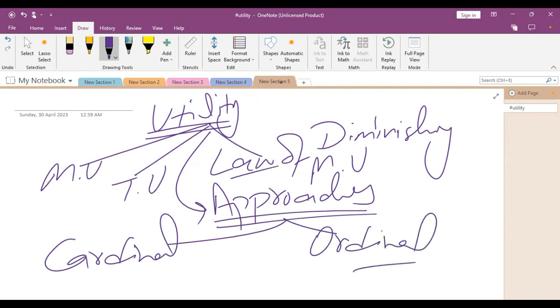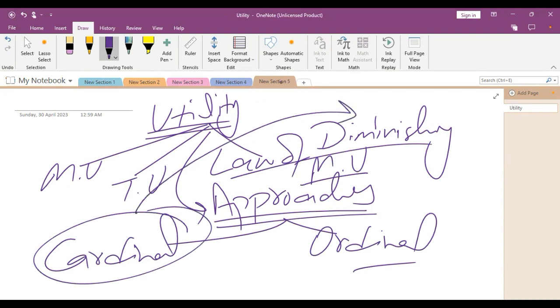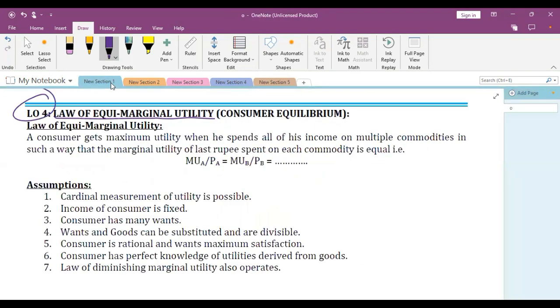So the law of diminishing marginal utility is the first study that we have studied from the Ordinal approach, and the second study that we are going to make today is the law of equi-marginal utility that also relates with the Ordinal approach, that says that we can measure utility in terms of numeric values.